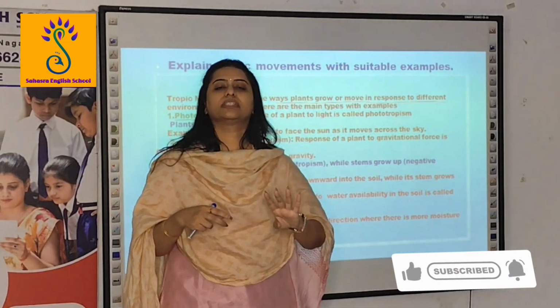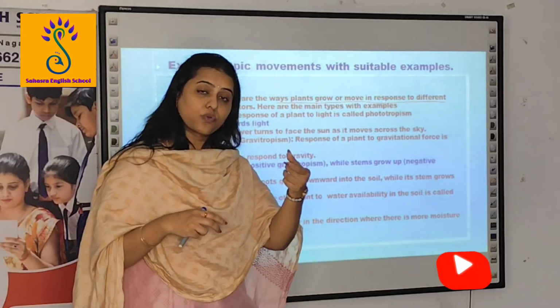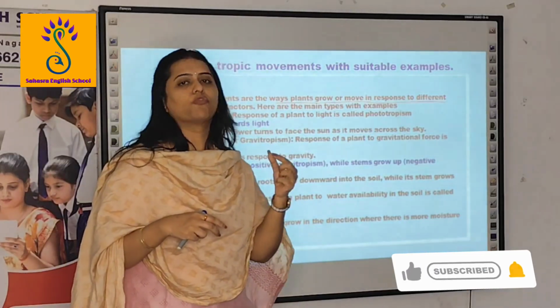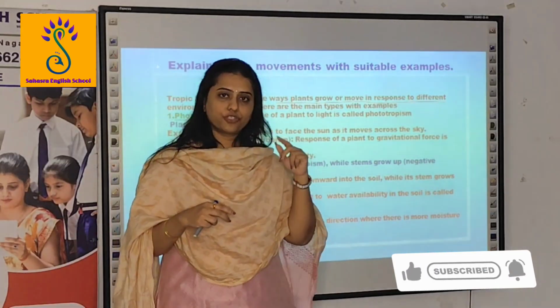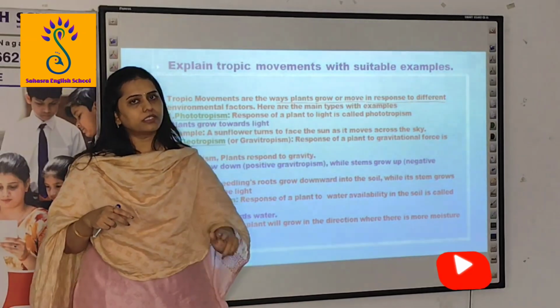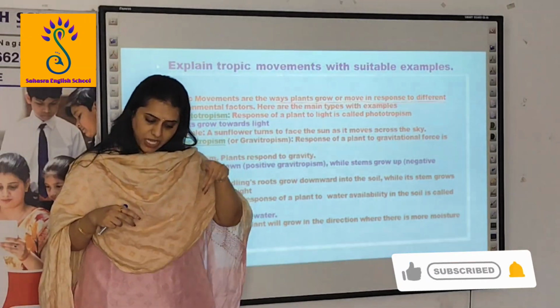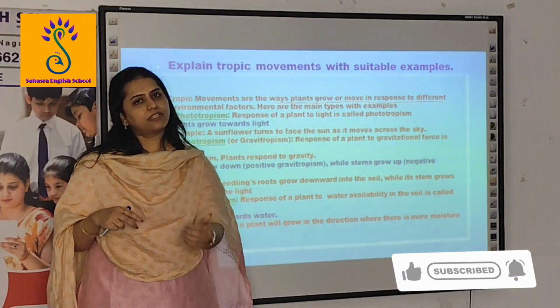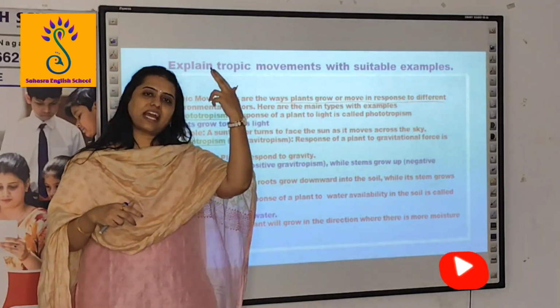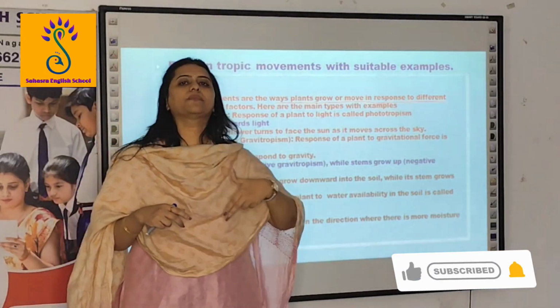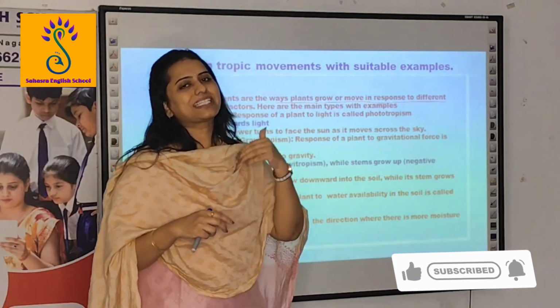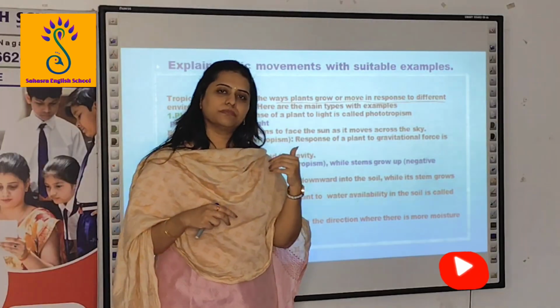Roots, what type of tropic movement do they show? It is positive geotropism, because they are going towards the gravity. The stem grows against the gravity, so it is negative geotropism.